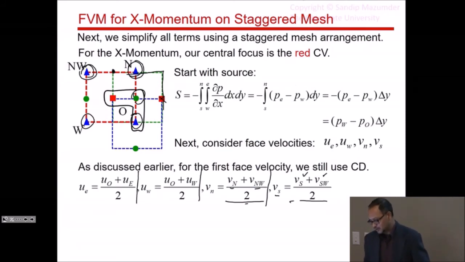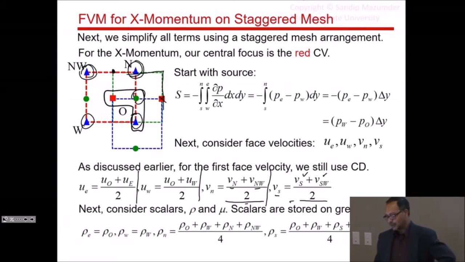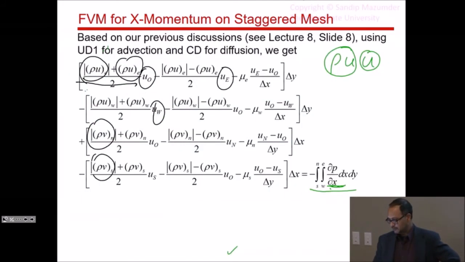When it comes to density, it's even more complicated. Now go back to your equation here. I'm writing it this way, rho u east, but what this really means is rho east times u east. We are not treating them together because the interpolation is completely different for the two variables.